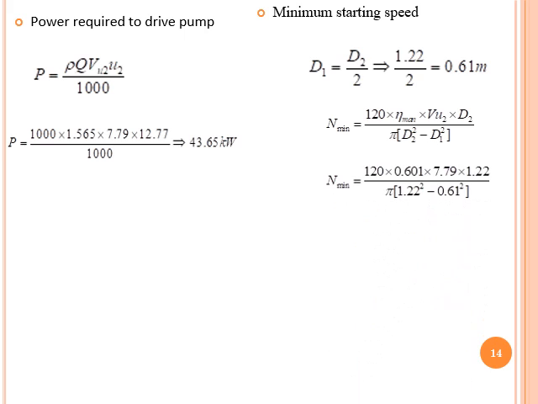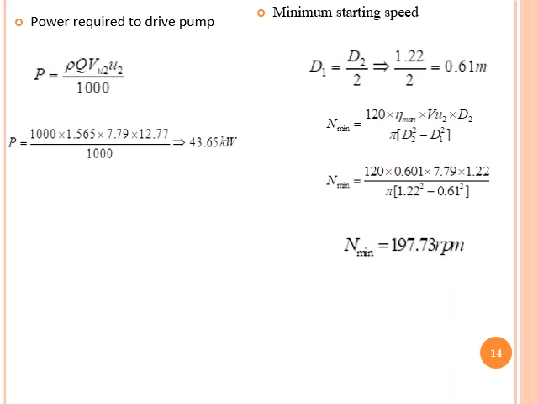Now substituting these values here, that is 120 into the manometric efficiency 60%, that is 0.601, and Vu2 value is equal to 7.79 and diameter at outlet is equal to 1.22 by pi into diameter at outlet square, this is 1.22 square minus 0.61 square, that is the D1 value.